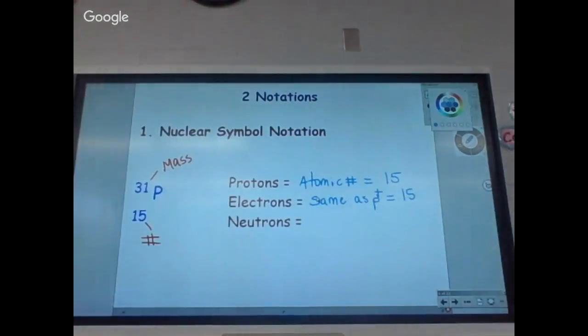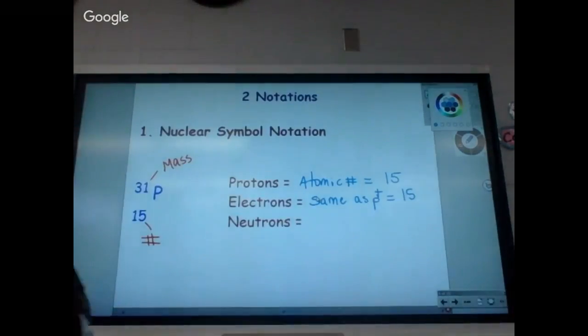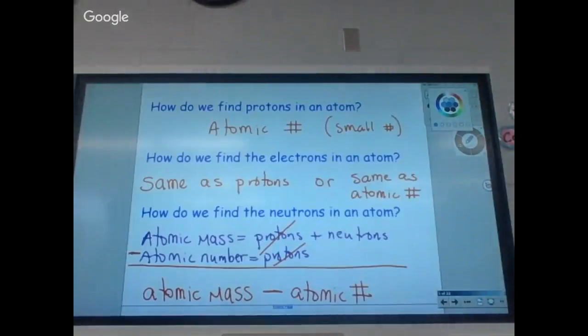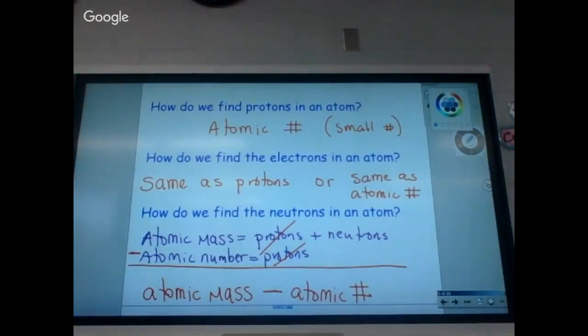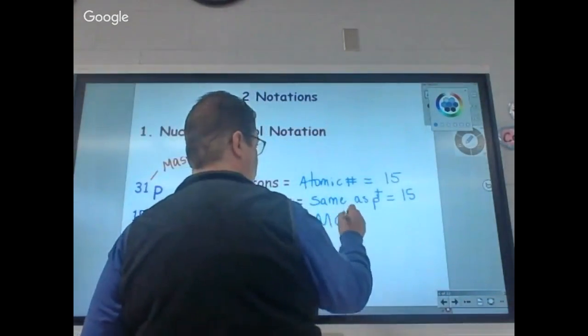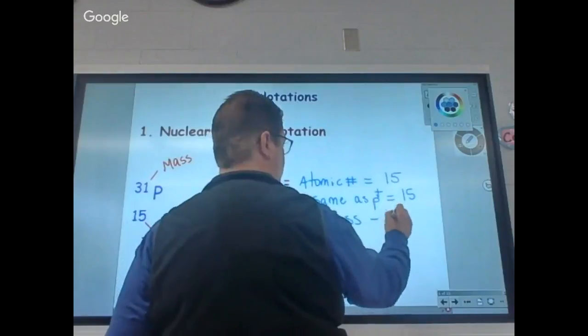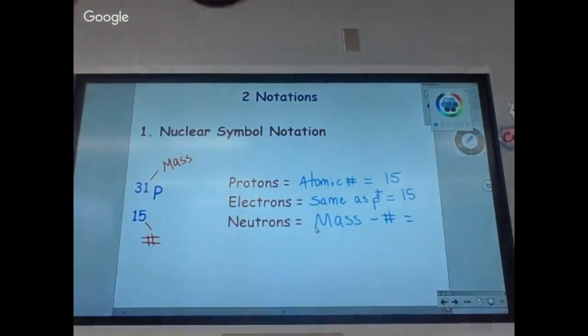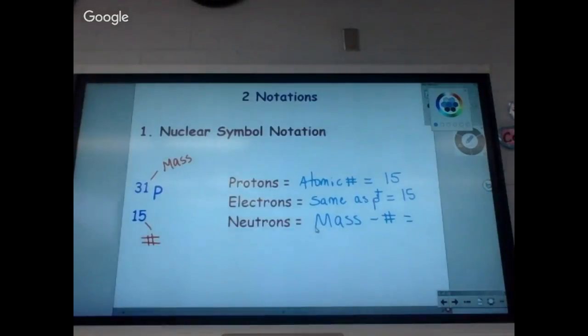All right, neutrons. How do we find the neutrons? What do we do to find neutrons? We subtract what minus what? The mass minus the number. All right, what's my mass? What's my mass?